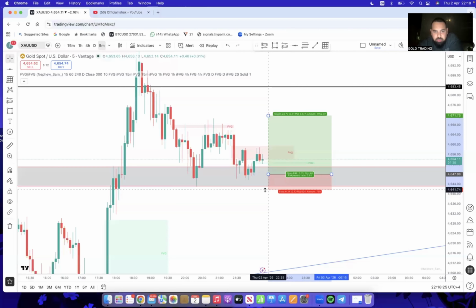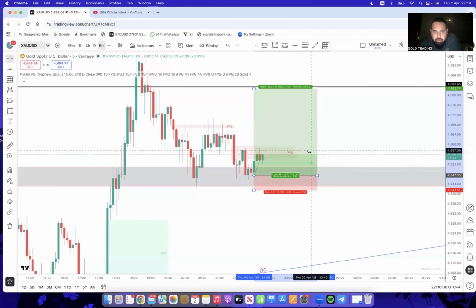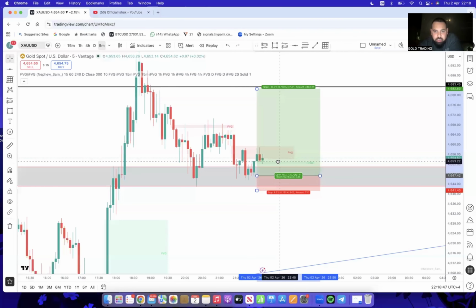My stop loss will be just a little under where it's been. This would be my final TP if it had that much volume in the market. Cool.